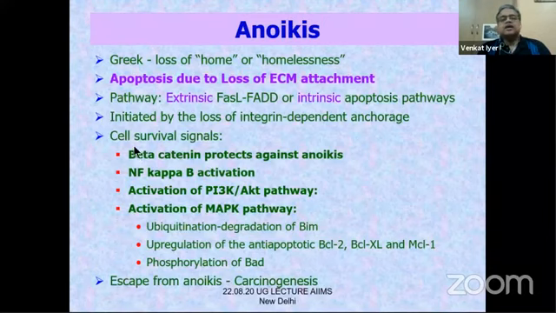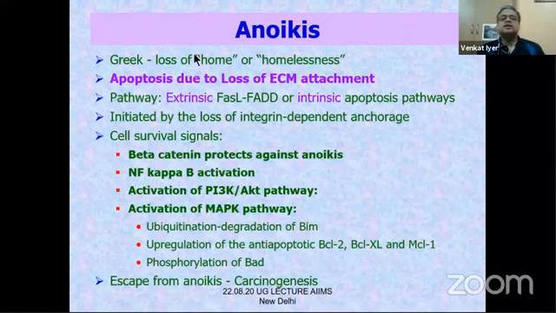NF kappa B activation constitutively prevents apoptosis. It's a cell survival signal. Same with the PI3K and MAPK pathway, which all either cause degradation of pro-apoptotic signals like BIM or upregulation of the anti-apoptotic BCL2, etc. Escape from anoikis is essential to carcinogenesis.